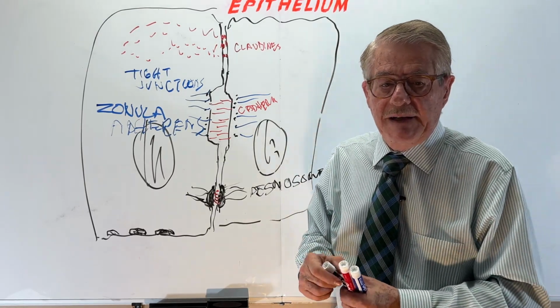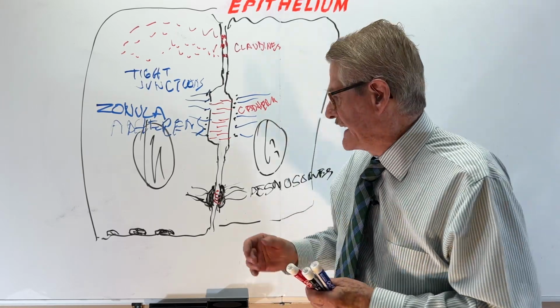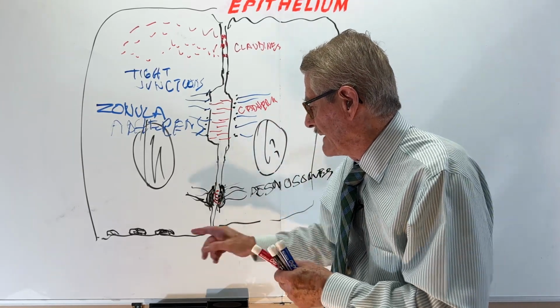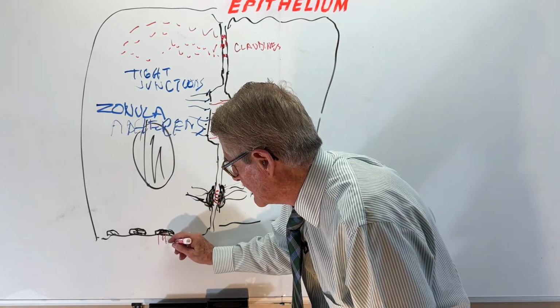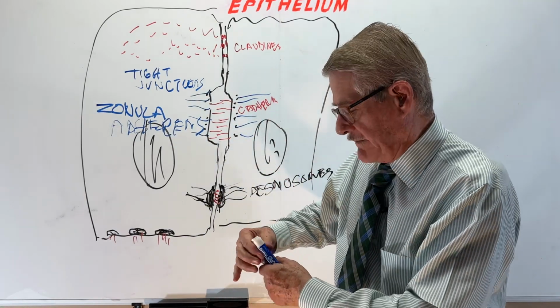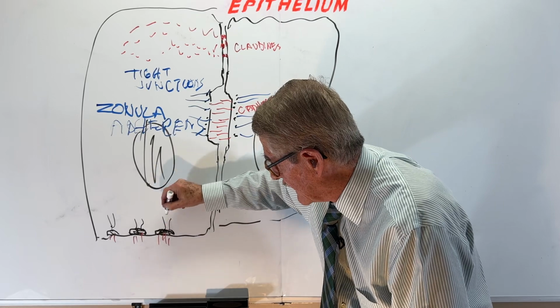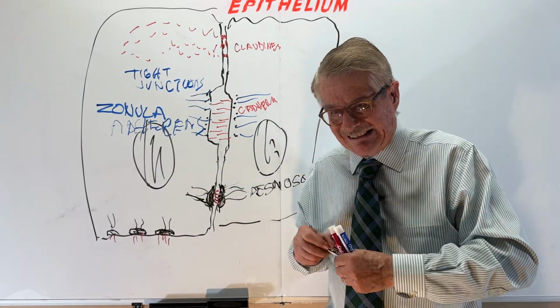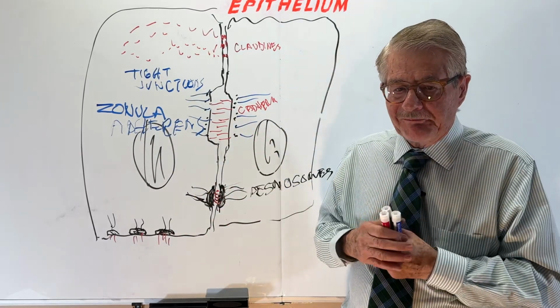Here we have essentially the same, instead of having cadherins, we have integrins, but it's probably a detail of minor importance. And we have also the same filaments of actin that are going to grip, enhance the strength of these structures.